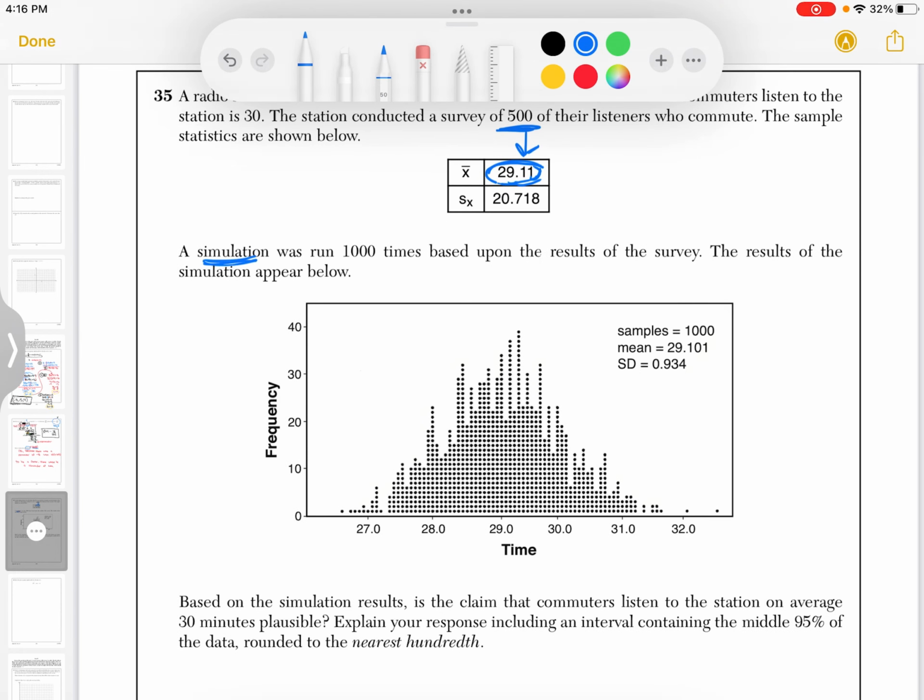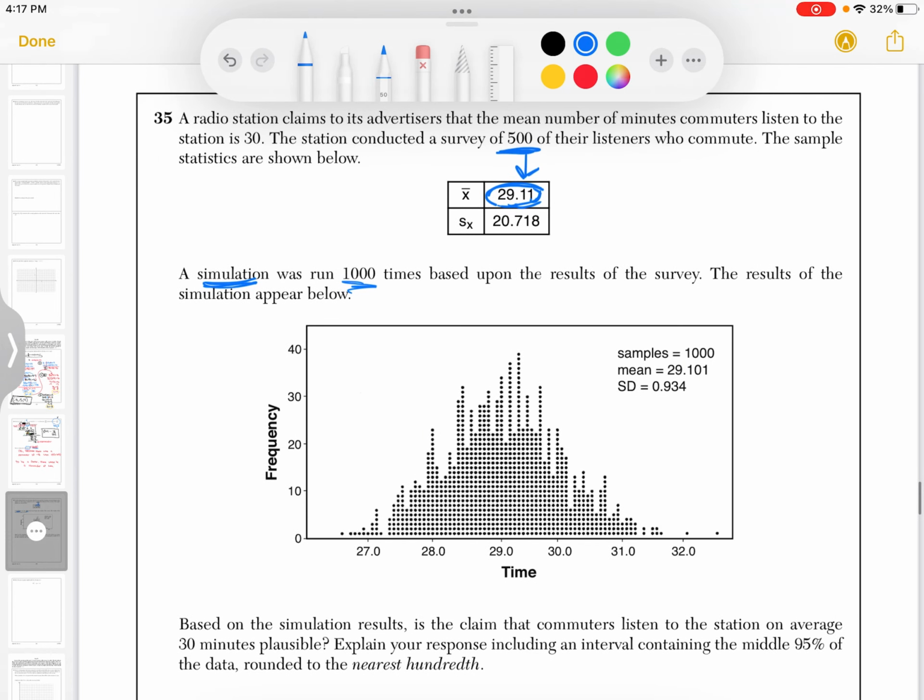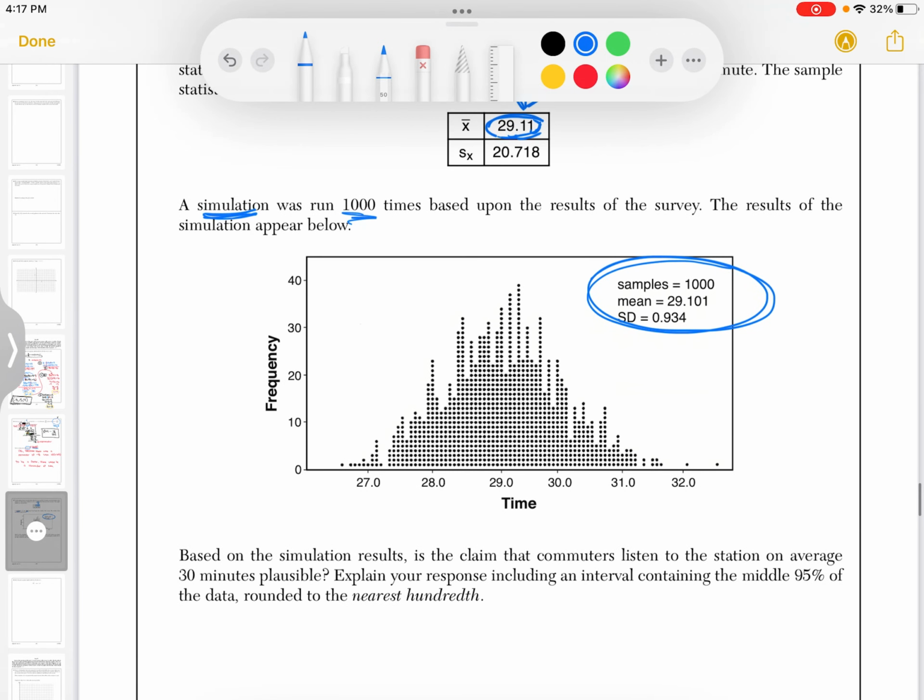So then, we talked about this in class. A simulation is like kind of fake test results based on your original results. So a simulation was run 1,000 times. It's almost like it's a replacement for actually doing a survey 1,000 times to 500 people. It'd be way too much. So they do simulations instead. The computer generated it, and these are the results, all up here.